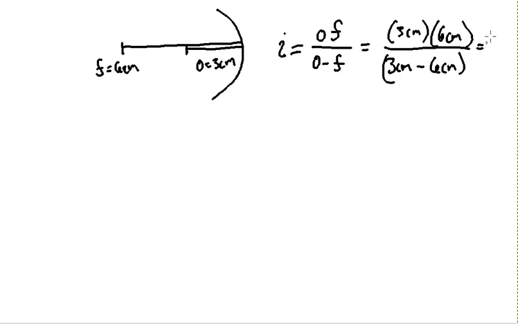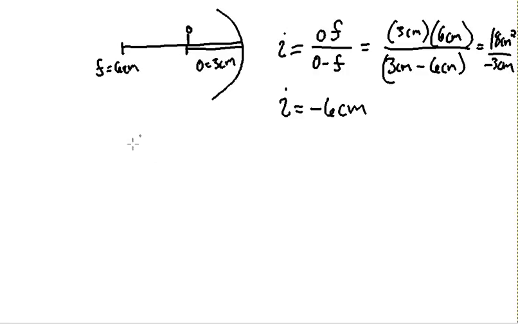Okay, so what do we get up here? 18 centimeters squared, not cubed, divided by -3 centimeters. So our image distance is going to be equal to -6 centimeters. So what does that mean? Does that mean it's here? Now, since the object is closer to the mirror than the focal length, my image distance is going to be out here on the other side.